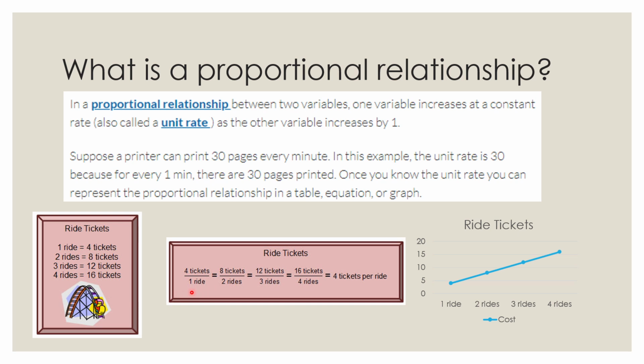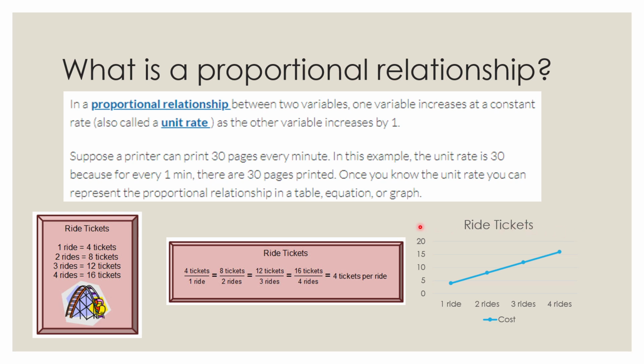That means we are in the single unit, which means if we come over here to our graph, we can see 1 ride, and I know it's right below the 5, but as we know, 4 is 1 less than 5. 1 ride costs us 4 tickets. 2 rides cost 8 tickets. And then if I wanted to know how many tickets 15 rides cost, let's just say it's way over here, all I would have to do is follow back.